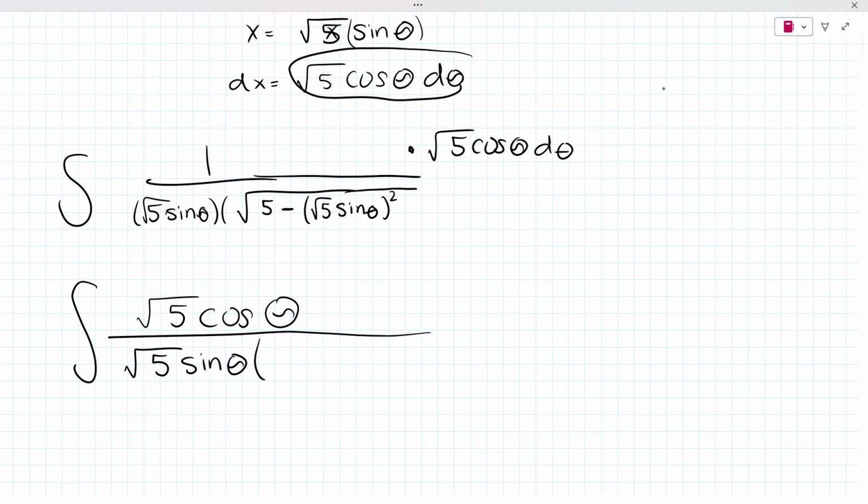And then when you square this, and then you subtract the 5, so when you square a radical, that's 5, and when you square a sine theta, it's sine squared theta. So really, it's just square root of 5 minus 5 sine squared theta. Okay.